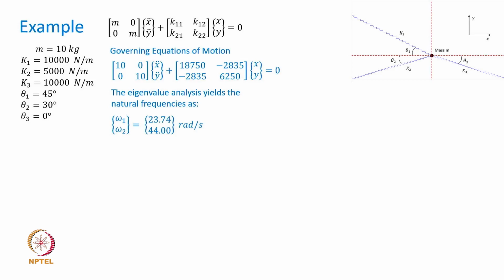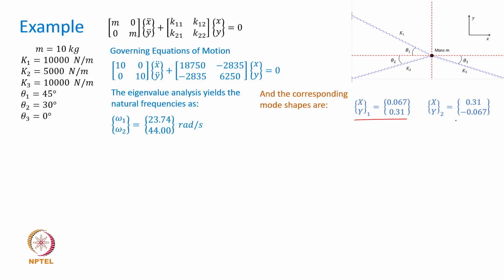But for a large number of degrees of freedom, you will have to resort to some numerical approach to get the eigenvalue analysis resulting in the natural frequency values. Now the first and second natural frequencies turn out to be 23.74 and 44 radians per second, and obviously you can in fact use any commercial software to generate eigenvalues and eigenvectors. The two corresponding eigenvectors are found to be this one and this one.